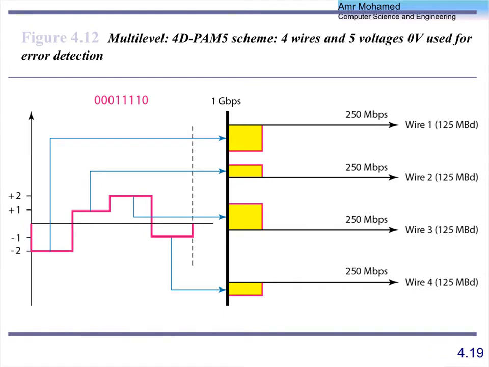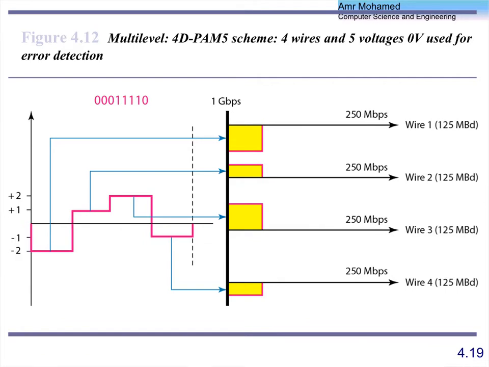So how many signal element combinations do we have? What is L to the power n here? We have 4 levels and we have 4 different elements.